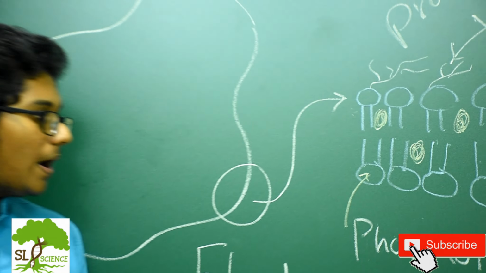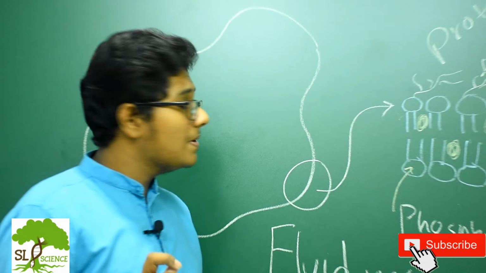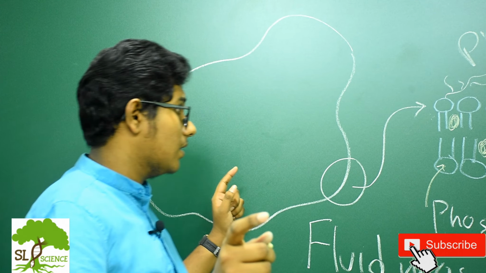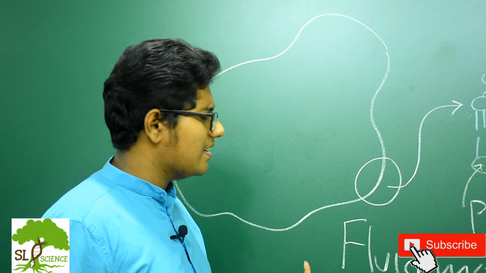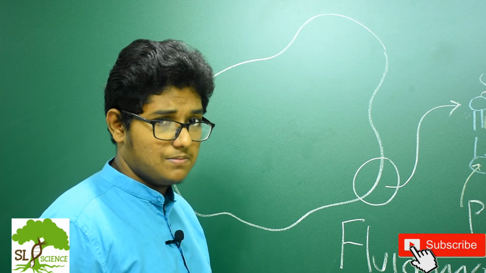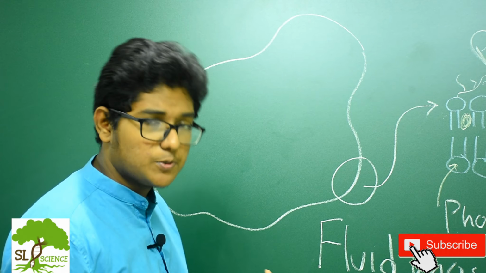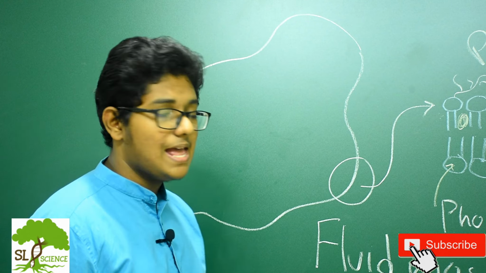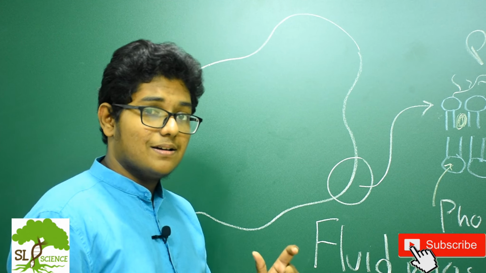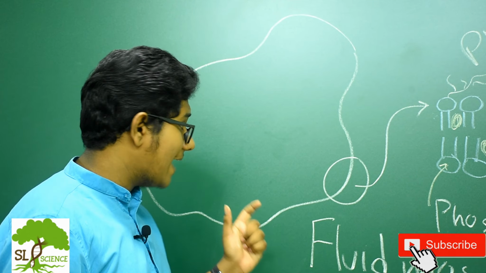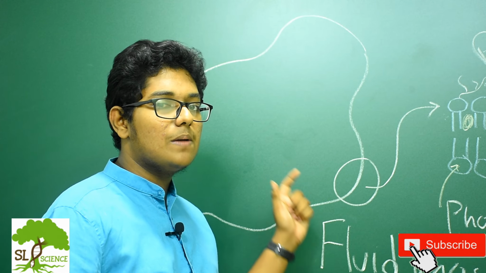That's it about the cell membrane. Also remember, the main functions of the cell membrane are giving shape to the cell, protecting the cell, and acting as a semi-permeable membrane.